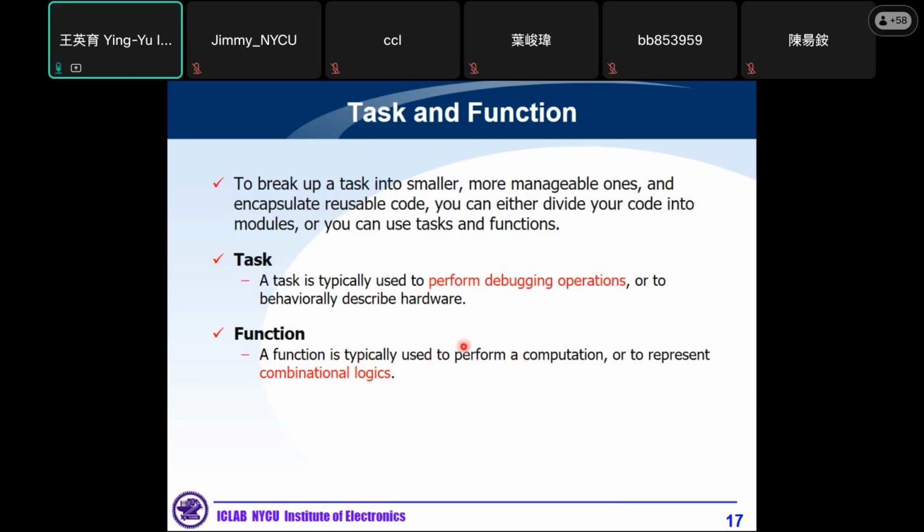It is typically used to perform a computation or to represent combinational logic. However, it can only return a single value, making it suitable for simple computation or logical decision. In summary, task is useful for debugging and behavior description, while function is better suited for performing a mathematical or logical operation.